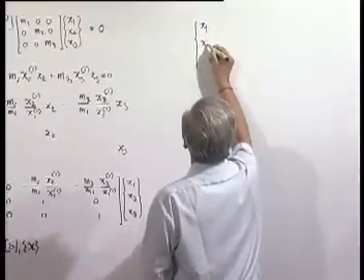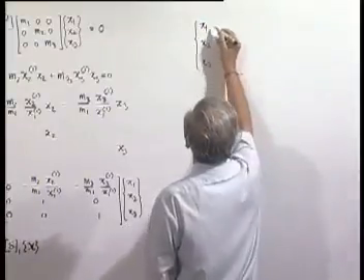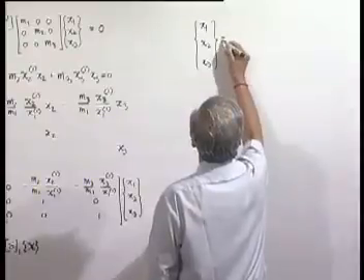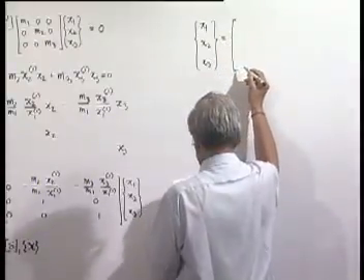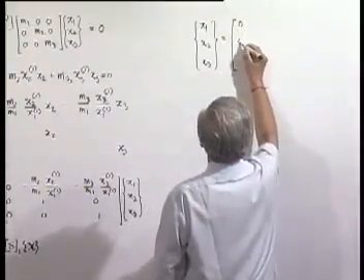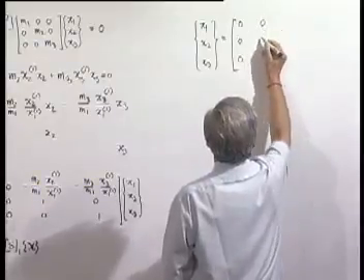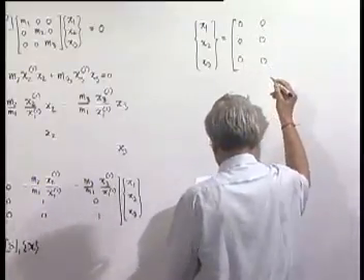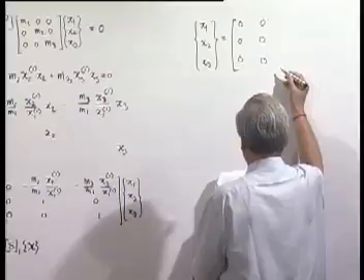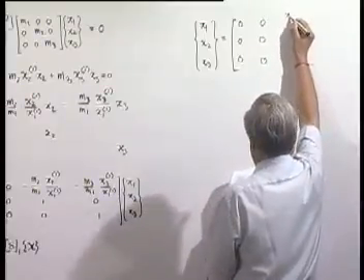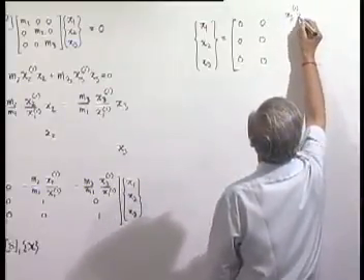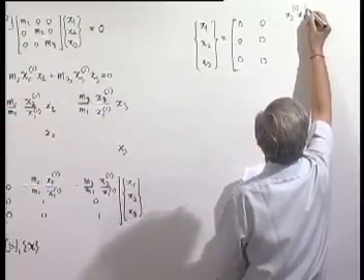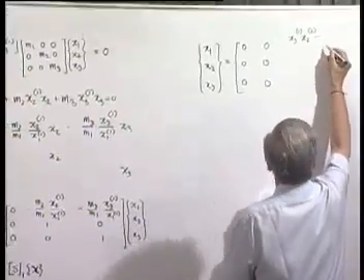X1, x2, x3 is equal to 0, 0, 0, 0, 0, 0, and x31, x22 minus.